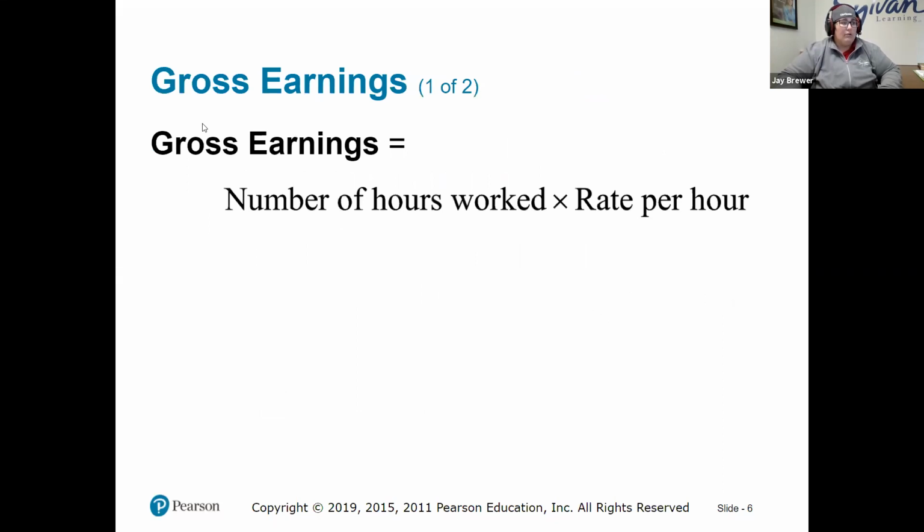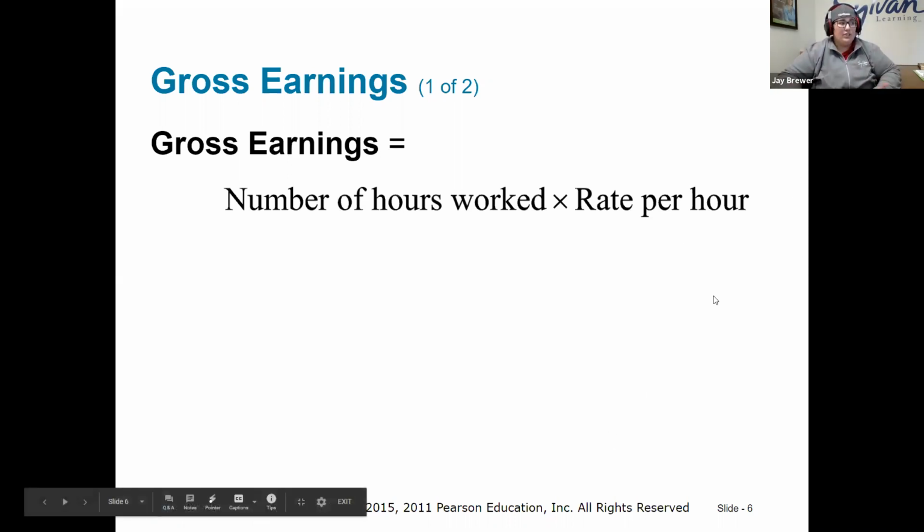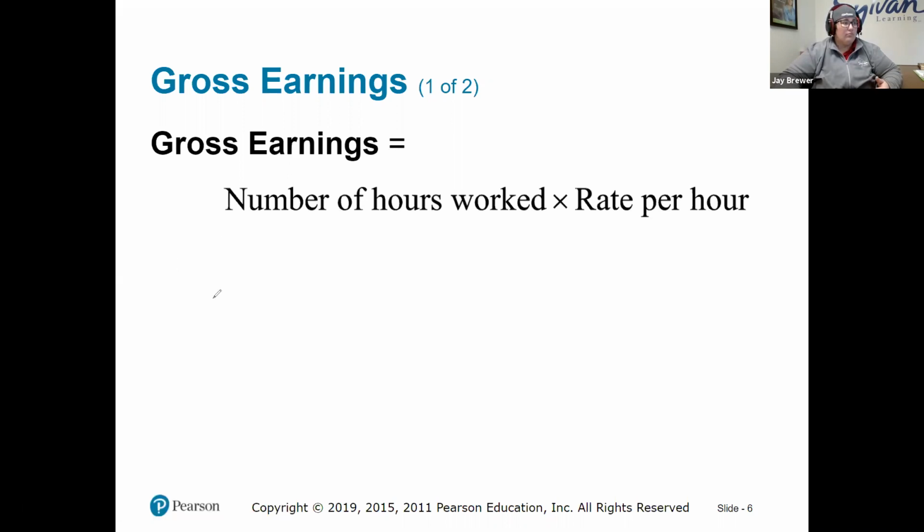Okay, so how do we find gross earnings? We take the number of hours worked times the rate per hour. That's period, no matter what. Where it starts to change is that typically people work 40 hours, right? So let me get my little pen out so I can help you with some notes.